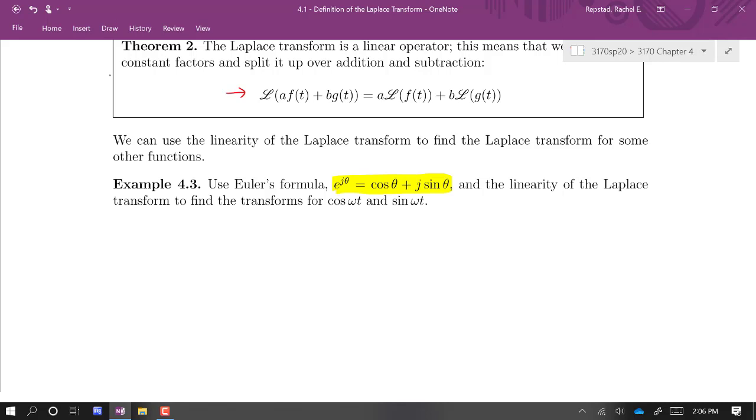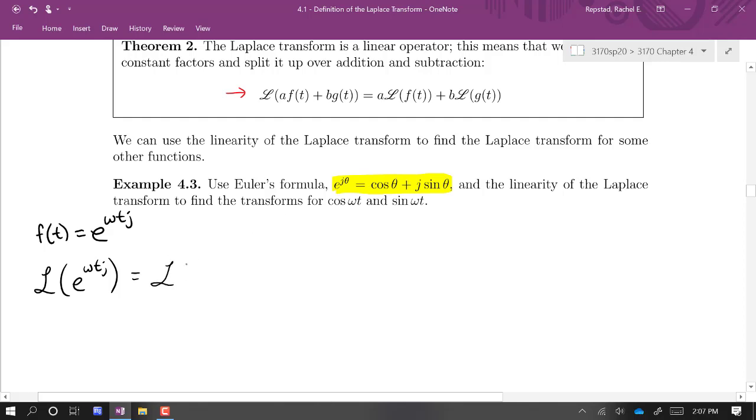So we're going to consider the function f of t equals e to the omega t j, and we're going to find the Laplace transform of this function. Now, if e to the omega t j is equal to cosine omega t plus j sine omega t, then that means we're going to find the Laplace of cosine omega t plus j sine omega t.